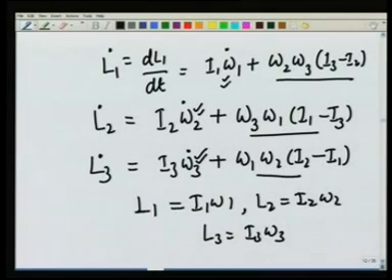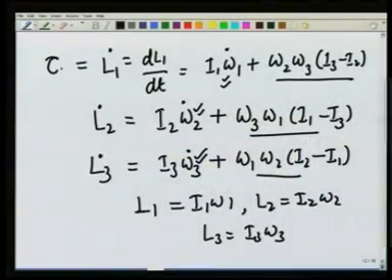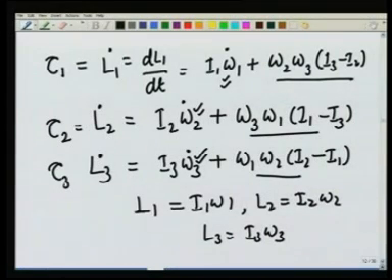The net is the sum of these two, and therefore, this is how the components of angular momentum along the 3 axes change. This obviously then must be equal to the component of torque along principal axis 1, this must be the component of torque along principal axis 2, and this must be the component of torque along principal axis 3.